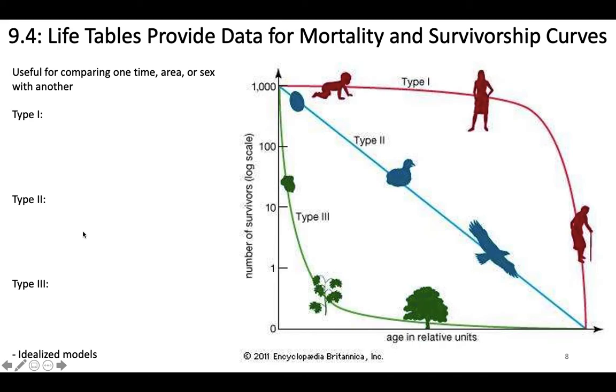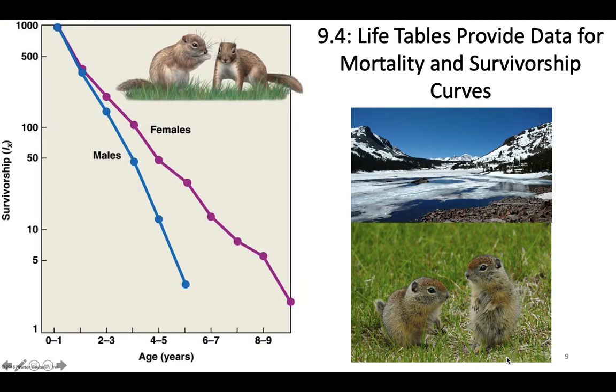These are classic examples of each of the three types, but these are idealized models, and not all species will fit a type 1, type 2, or type 3, which we'll talk about in a second.